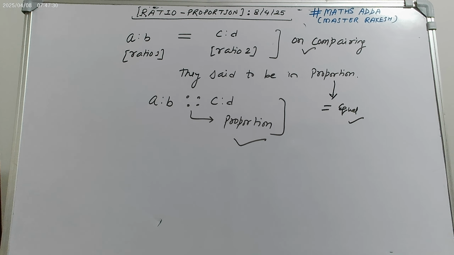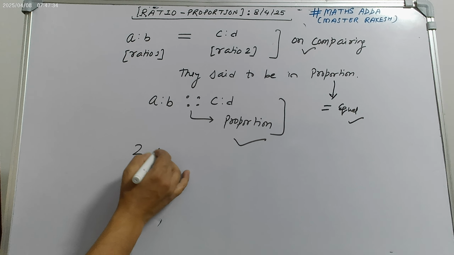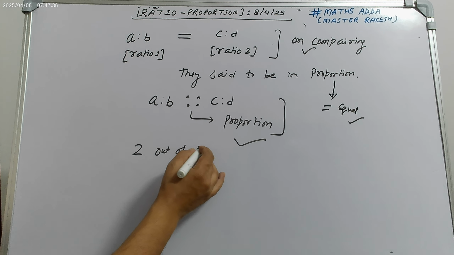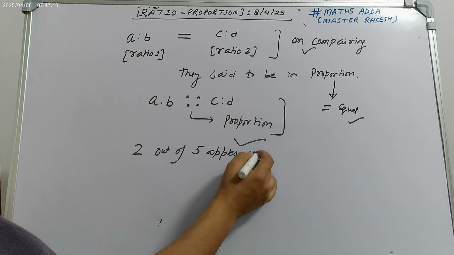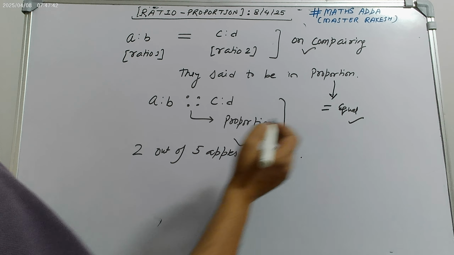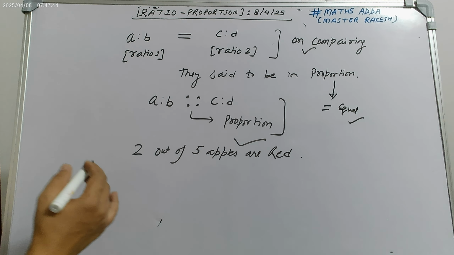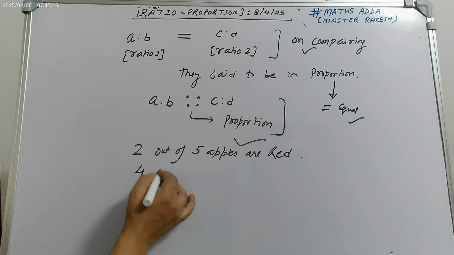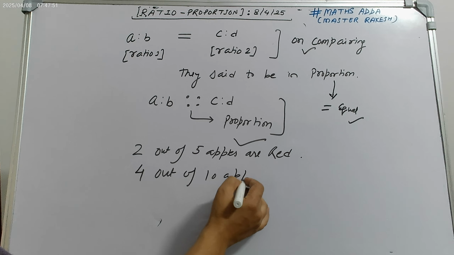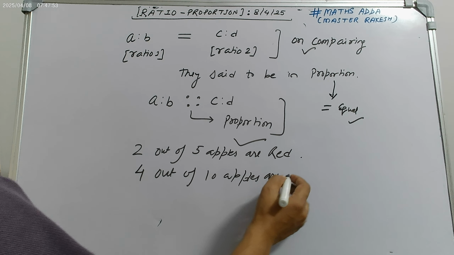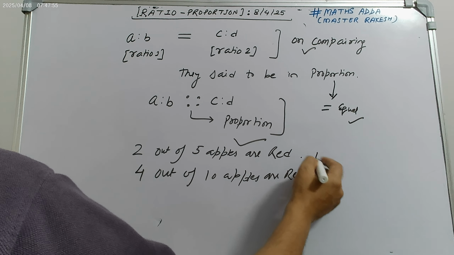Suppose 2 out of 5 apples are red, and 4 out of 10 apples are red.